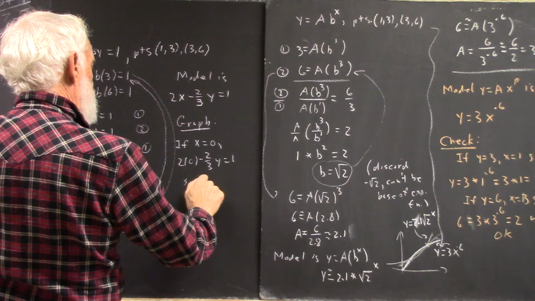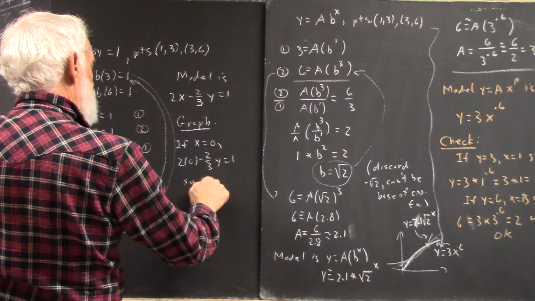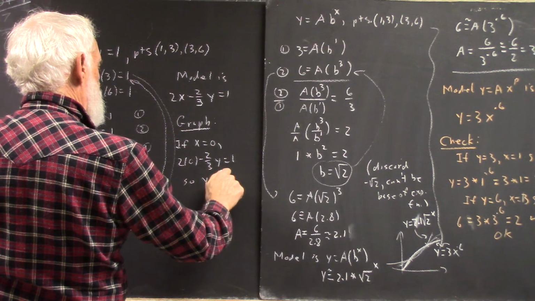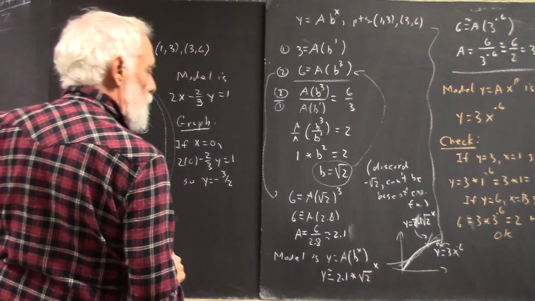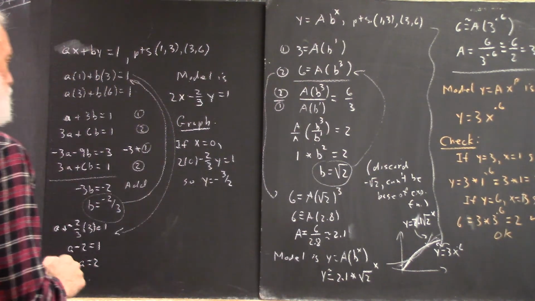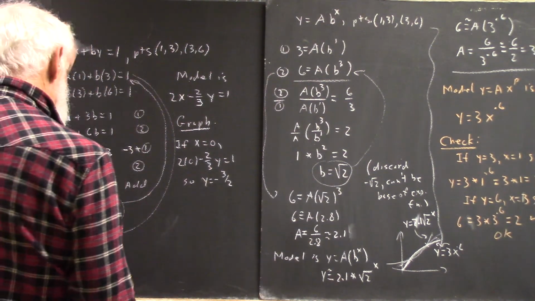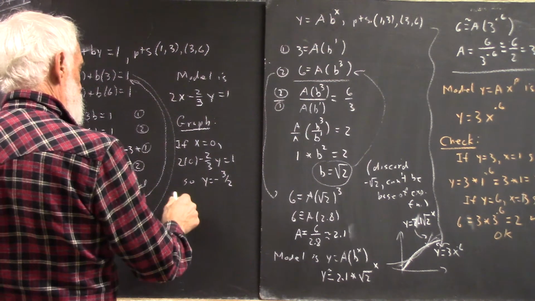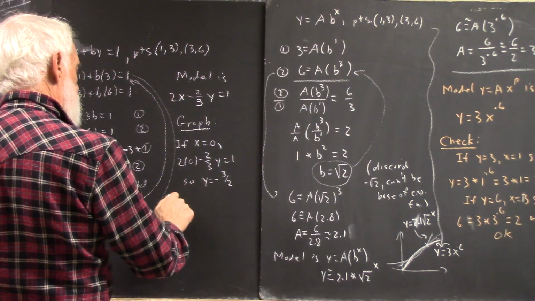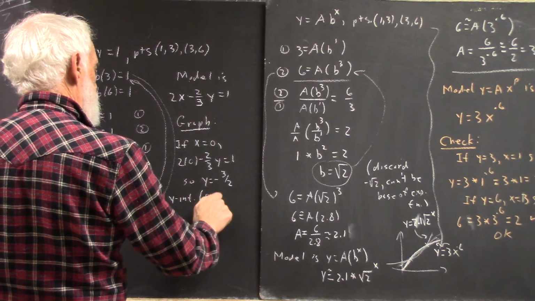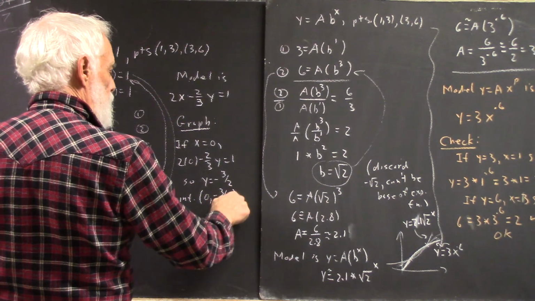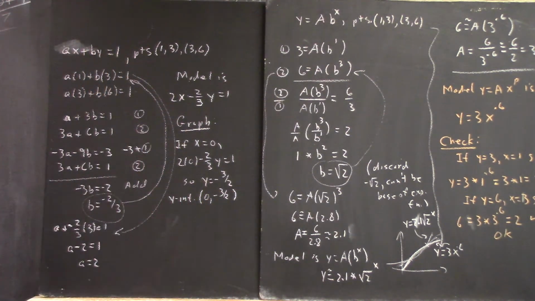So y equals -3/2. That is, the y-intercept is (0, -3/2).